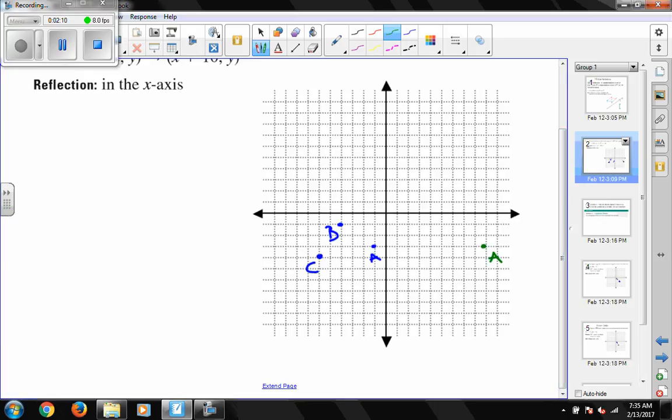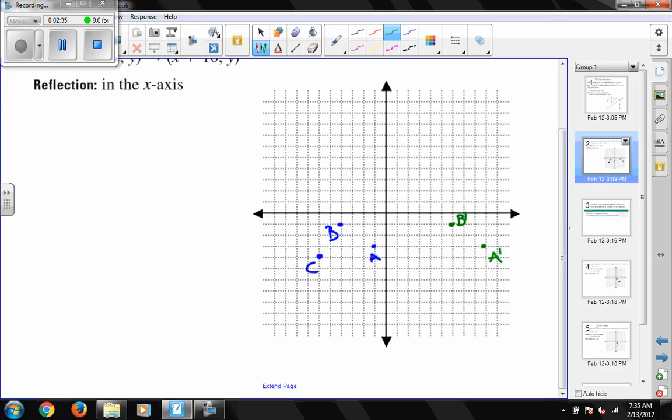So that'll give us our A prime. We look at B. Its X value is -4. If we add 10 onto that, we will get a +6, which will give us our point B prime there.